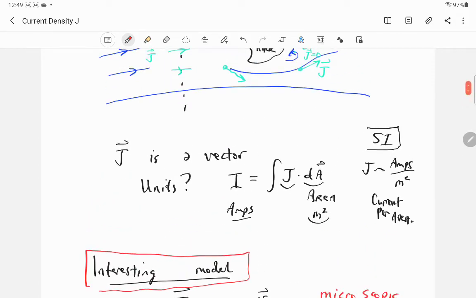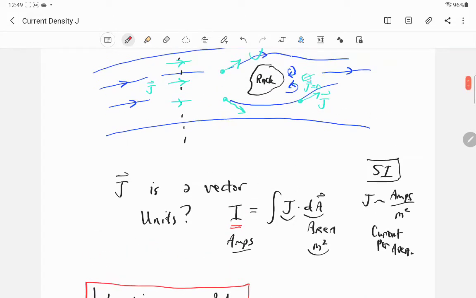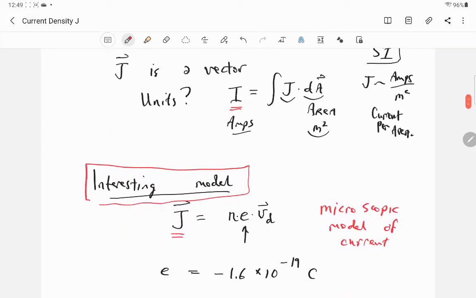The thing is I itself is something of a macroscopic idea. It's sort of an average idea or a total idea. But if we want to model electric currents based on materials, that is, are we talking about a current in copper, or are we talking about a current through a junction diode in a piece of electronics, right, that's very special, then we don't want to think in terms of this crude, sort of macroscopic, large, average idea.